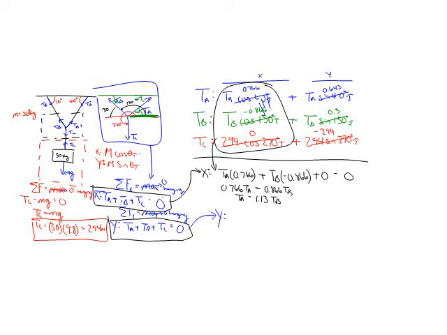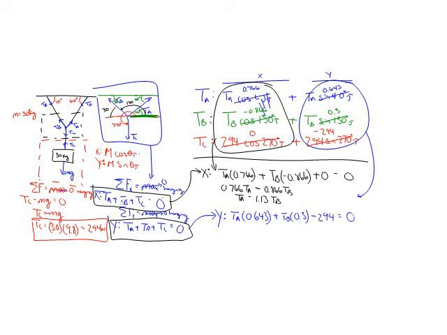It's still TA plus TB plus TC equals 0. So we're going to add it up and set it equal to 0, because that's what our equation said. So this is going to be TA times 0.643 plus TB times 0.5 minus 294 equals 0.